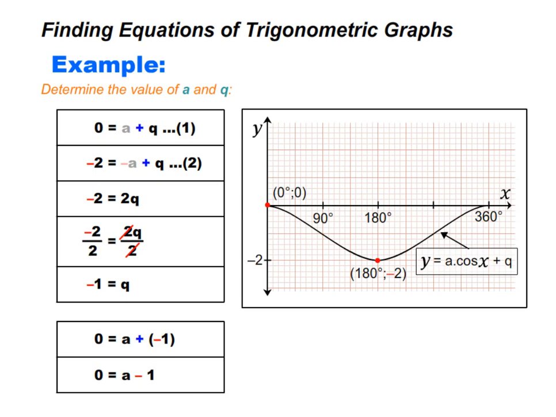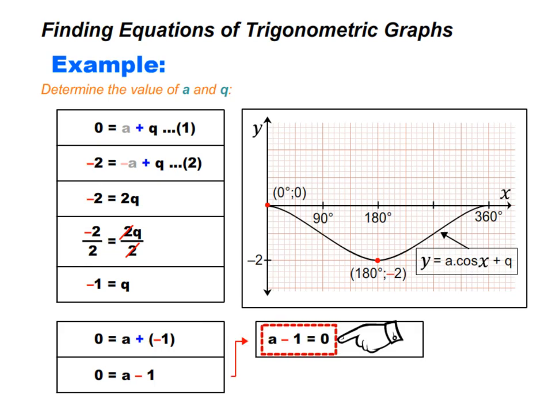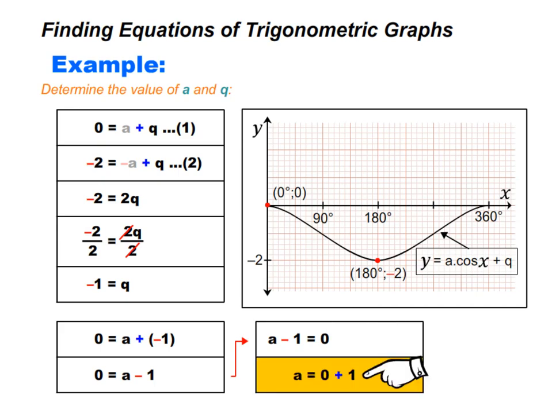Let us quickly rearrange the equation. 0 is equal to a minus 1 can be written as a minus 1 is equal to 0. Look at this minus 1. This minus 1 will become positive if we take it to the right hand side. So a minus 1 is equal to 0 will now become a is equal to 0 plus 1. And 0 plus 1 is equal to 1. So a is equal to 1.